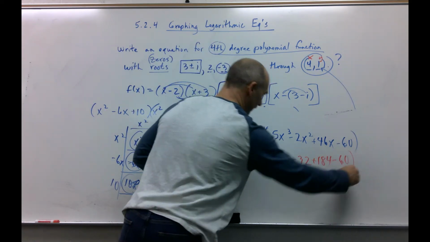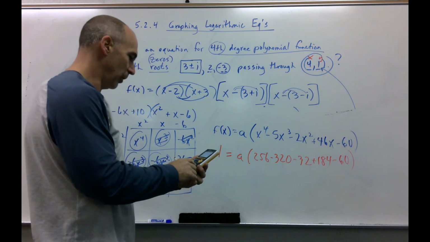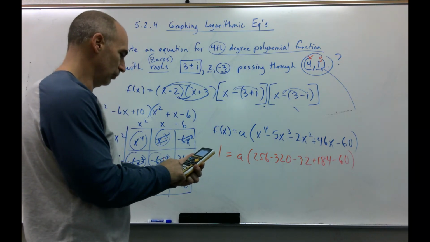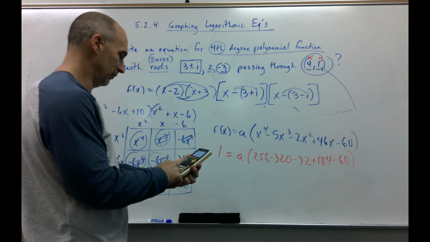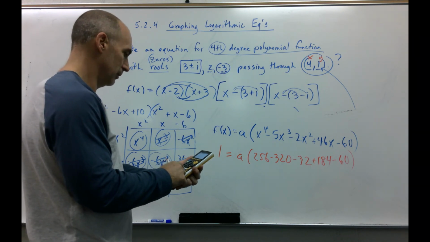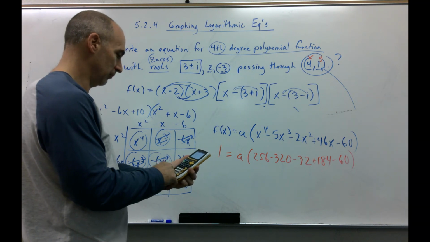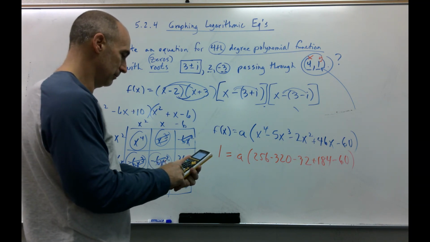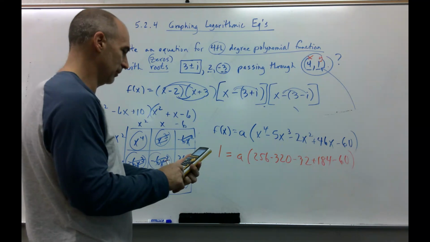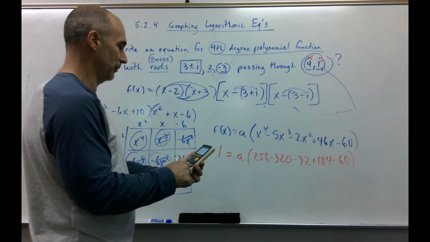Look at this craziness. So, I'm going to go 256 minus 320, enter. Minus 32, enter. Plus 184, enter. Minus 60, enter. And that thing boils down to 28, believe it or not.